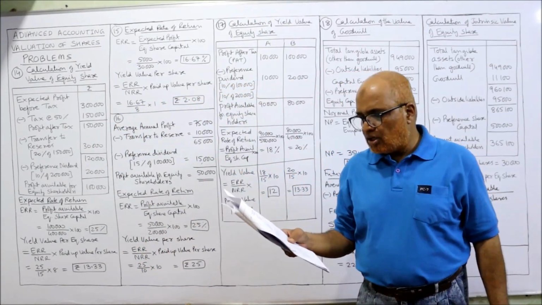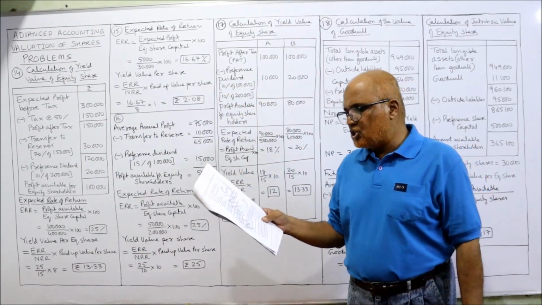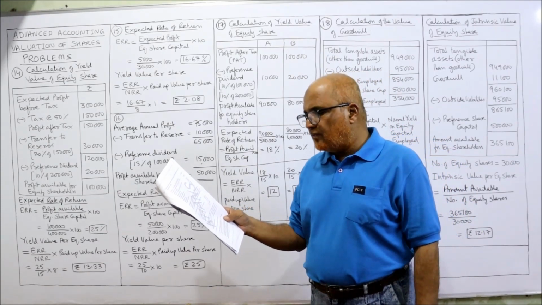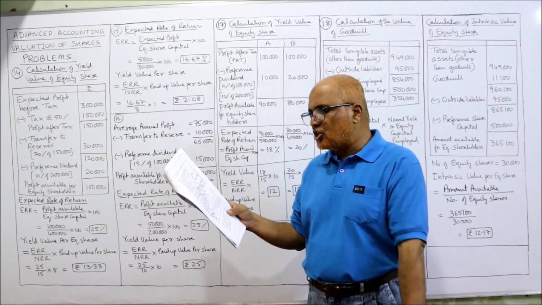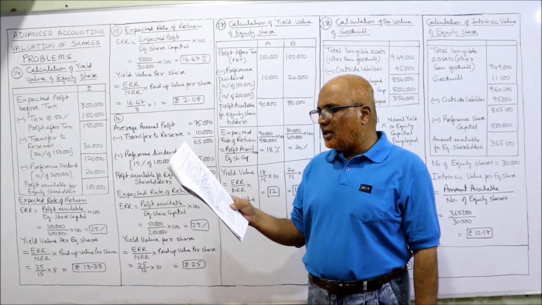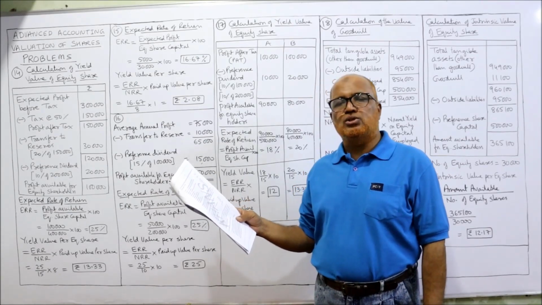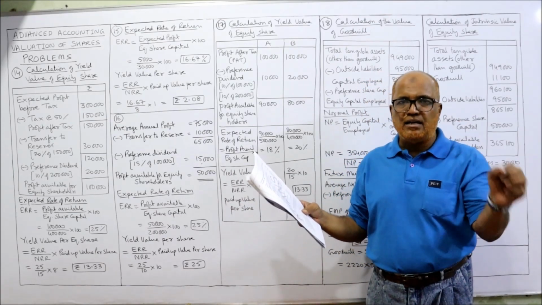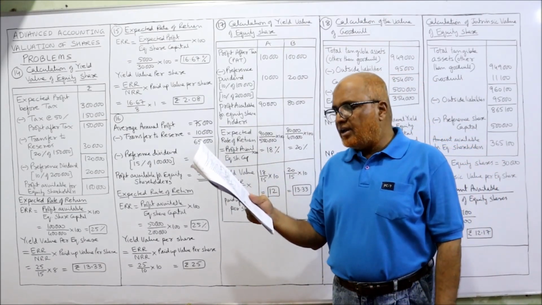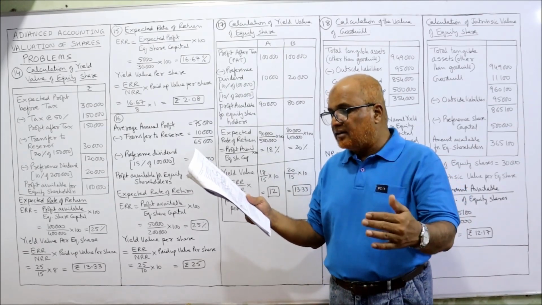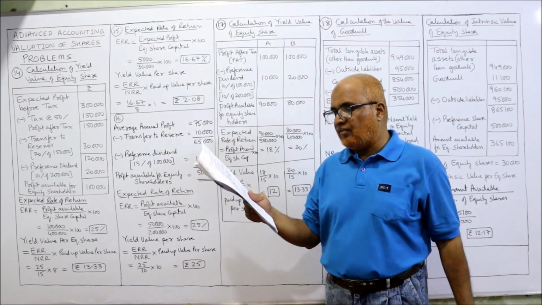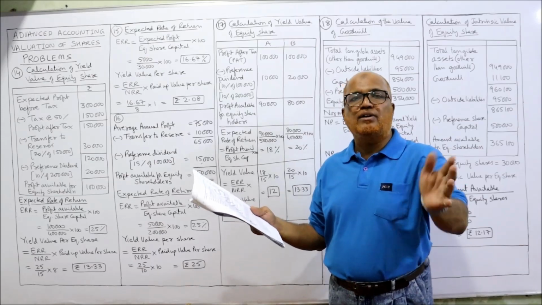From the following information, calculate the value of equity share. The paid up share capital of the company consisted of 1,000 15% preference shares of 100 each and 20,000 equity shares of 10 each. So we have preference capital and equity capital. The average annual profit of the company after providing for depreciation and taxation amounted to 75,000, so this is the profit after tax.